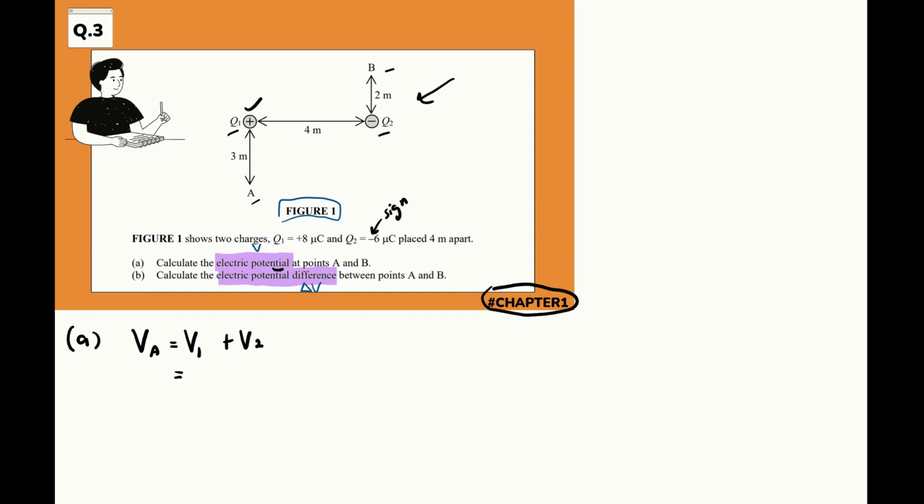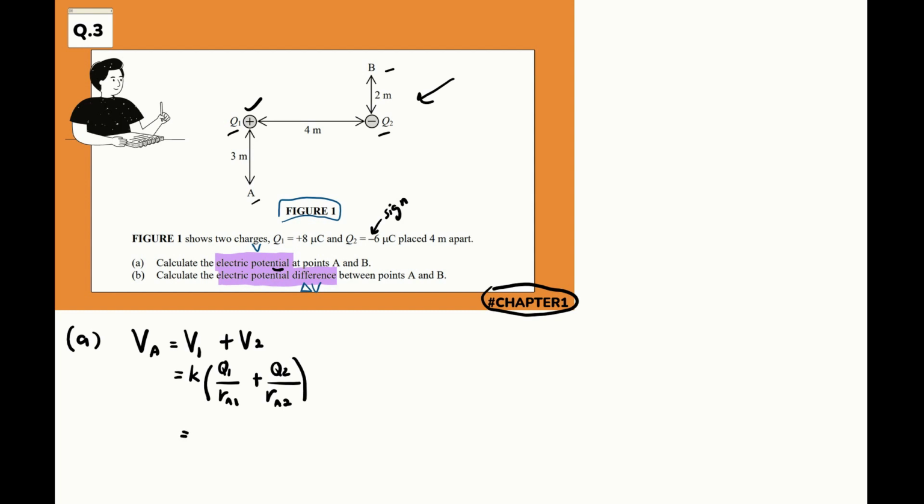So for point A, we have V1 plus V2. We may factorize our constant K times Q1 over R, the distance from point A to charge number 1, plus Q2 over R, the distance from point A to charge number 2.